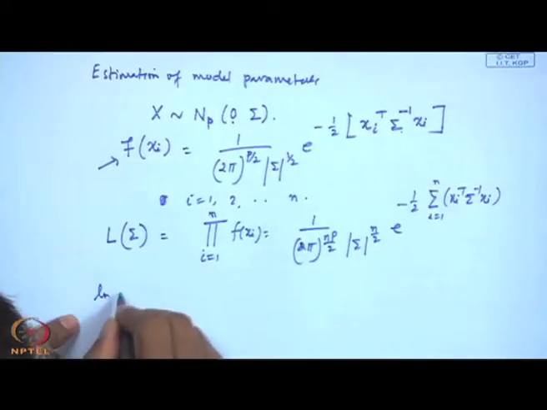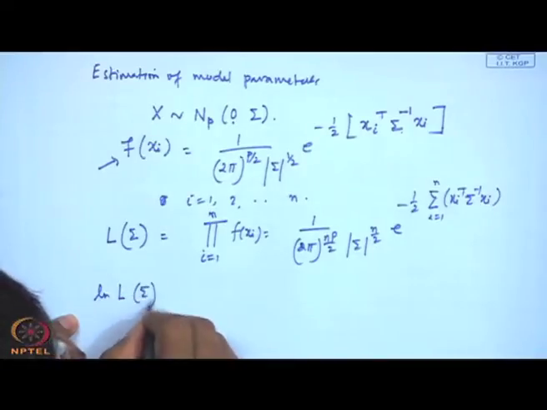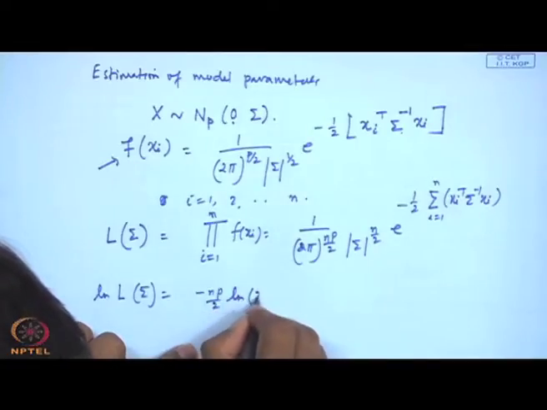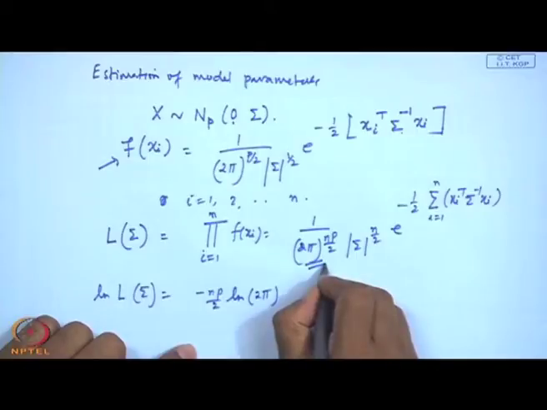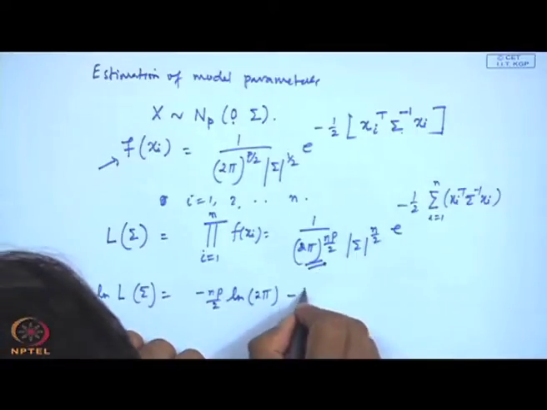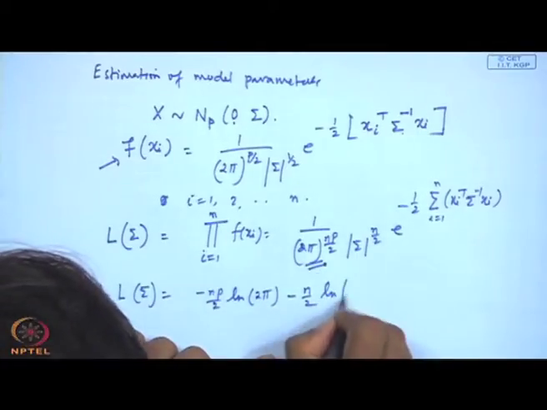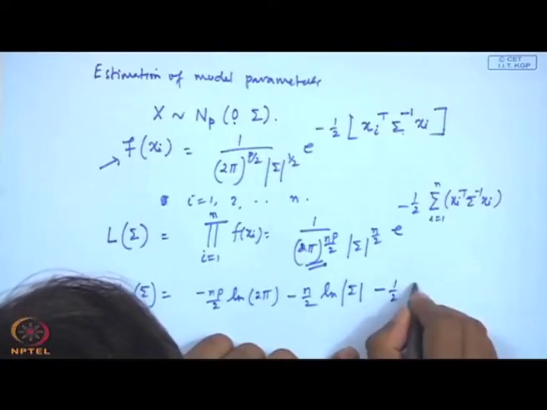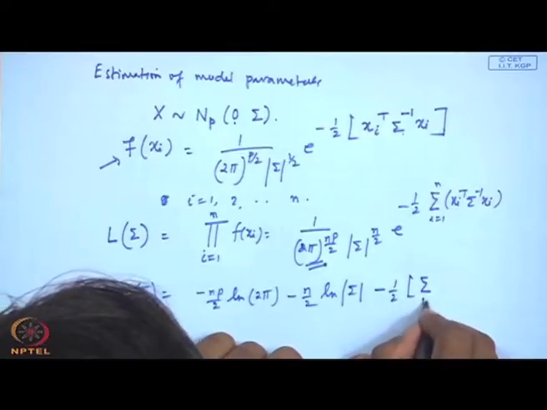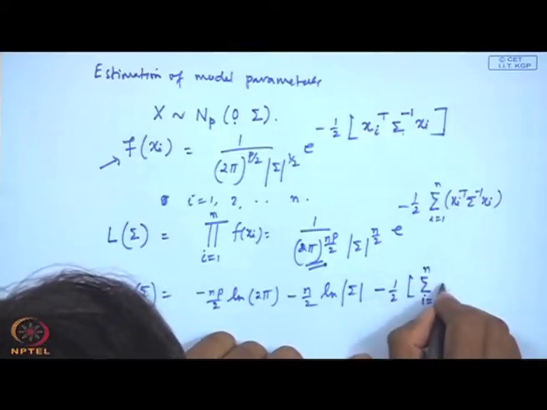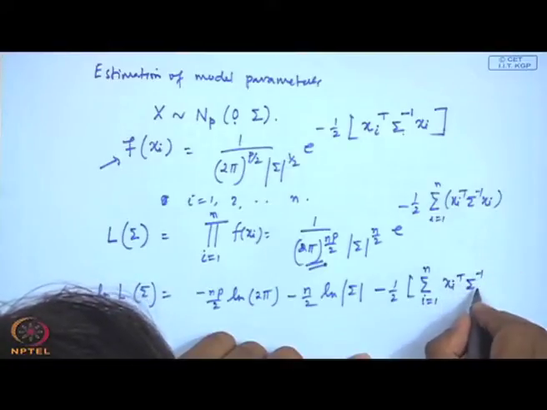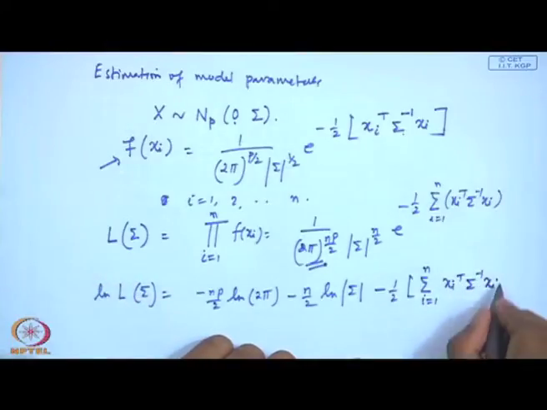If you take the log likelihood, you get minus n p by 2 log 2 pi for this term, minus n by 2 log of the determinant of sigma for this term, minus half the sum of i equal to 1 to n of x i transpose sigma inverse x i.